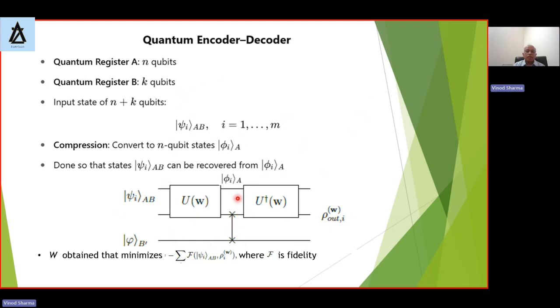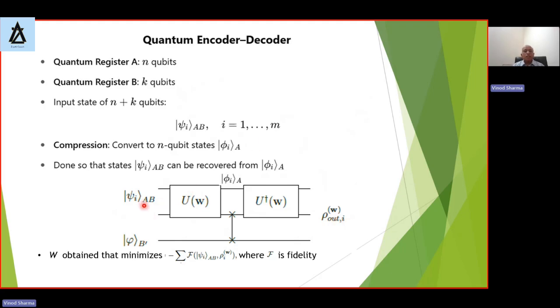So if you look at the quantum state here, this is the n qubit phi i state, and this is the k qubit zero state. And you feed this to the adjoint of U W. And here, whatever you get, you call rho W out i, corresponding to this i. And we have m states.